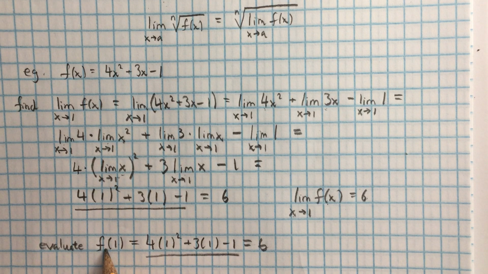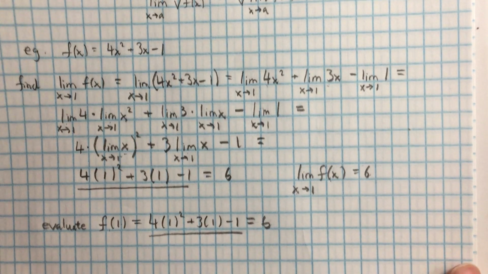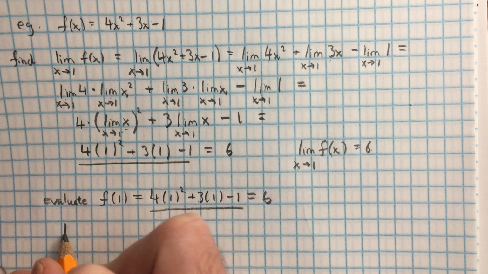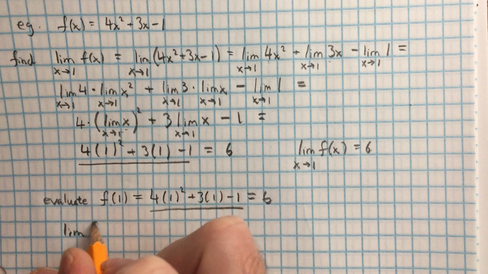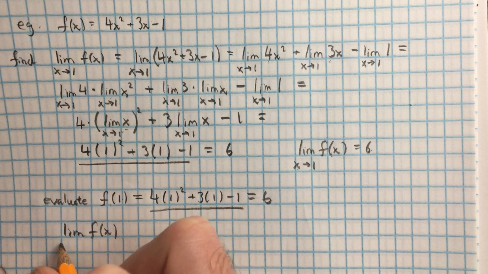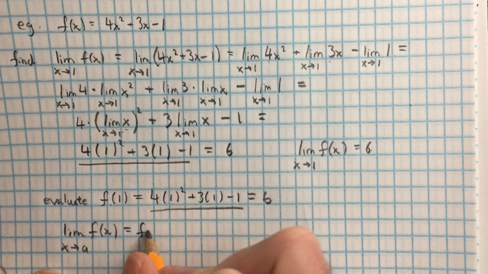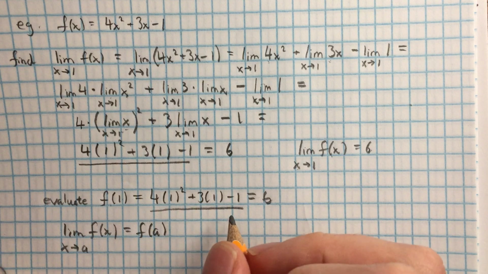So this is actually true for all polynomials. And not just for polynomials, but also for rational functions where they're defined. And it's even bigger than all that. Really, what's going on here is the limit of f of x as x approaches a will be f of a.